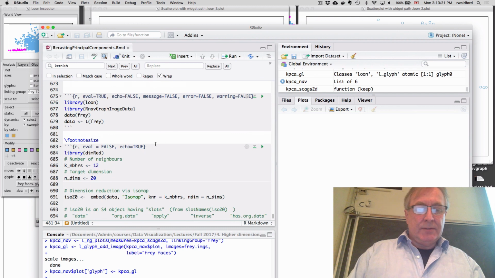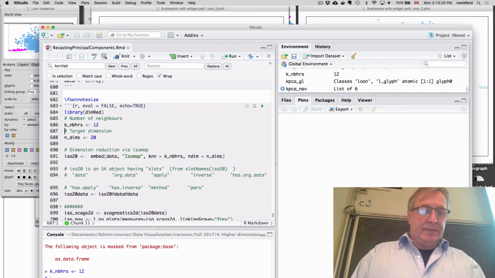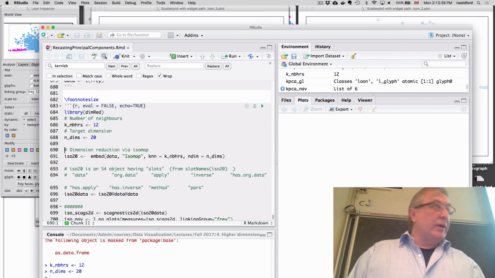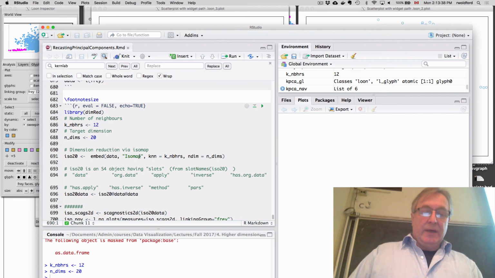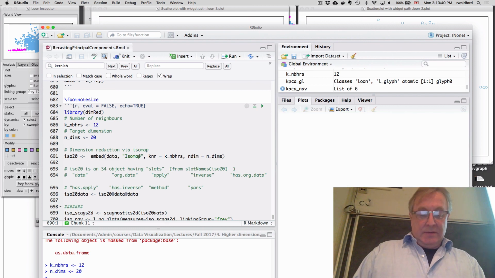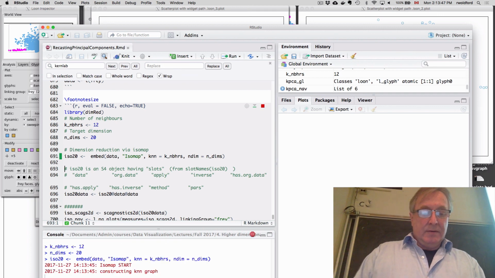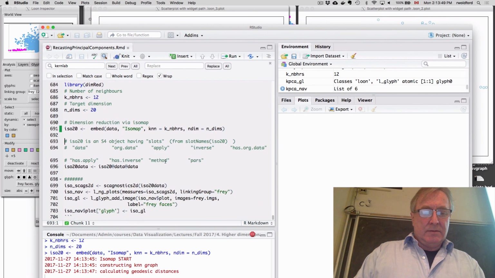I'm going to use 12 nearest neighbors, 20 dimensions, the same as we had before, and then this embed function telling it to use ISOMAP as I've just described, with nearest neighbors and the target dimensions for the embedding. That will take a little while.